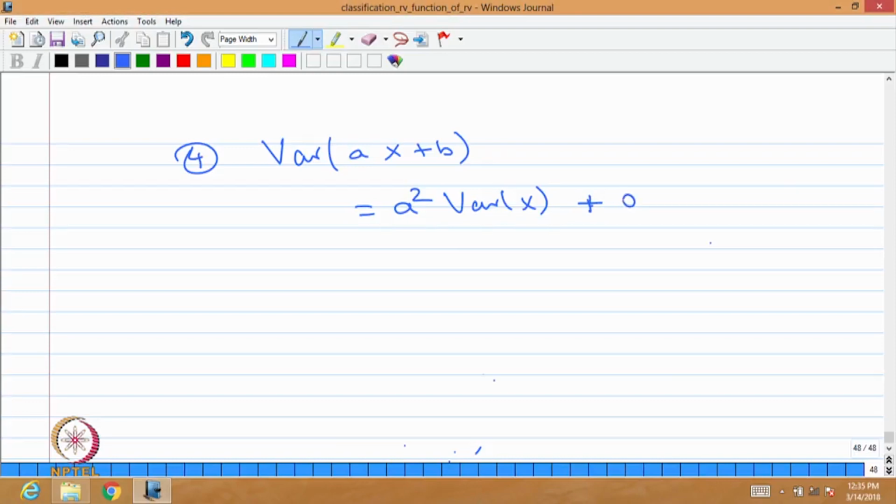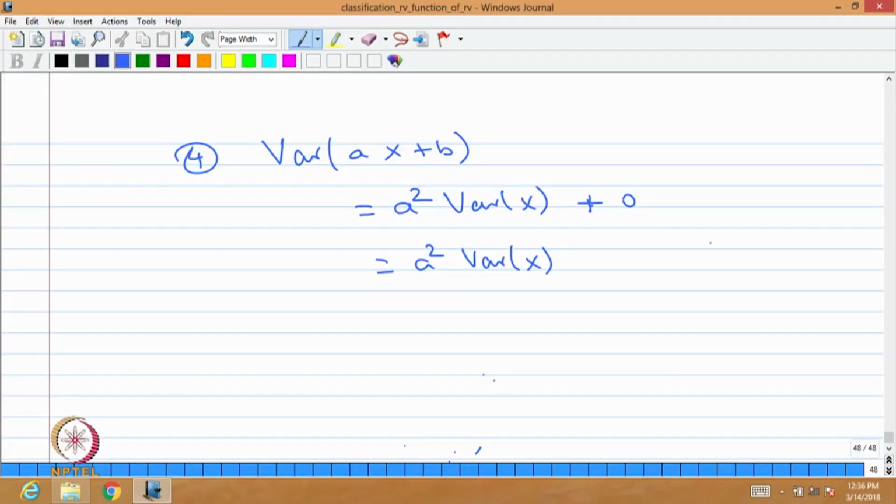Therefore, it is going to be a square times the variance of x, whereas the expectation of a x plus b is a times the expectation of x plus b. Here the variance of a times x plus b, when the variance of x exists, is the same as a square times the variance of x, because the variance of a constant is 0.